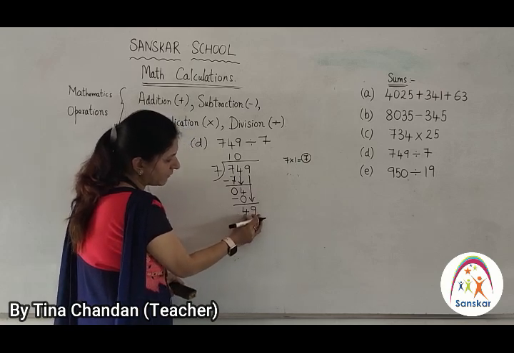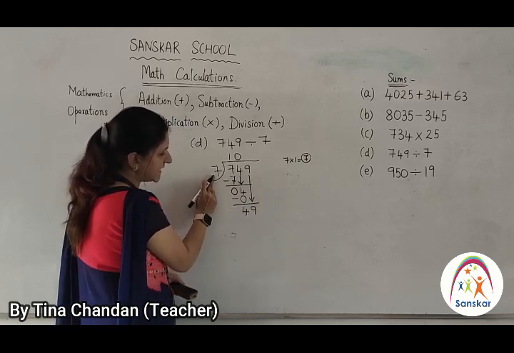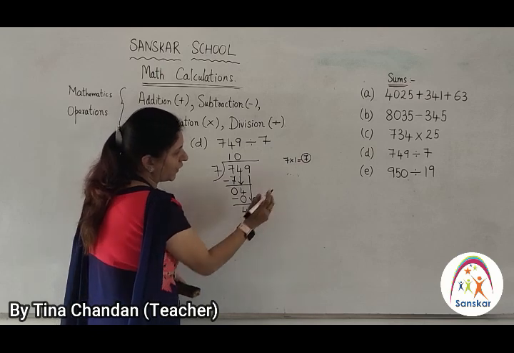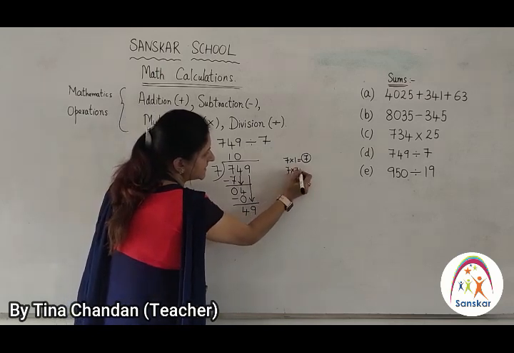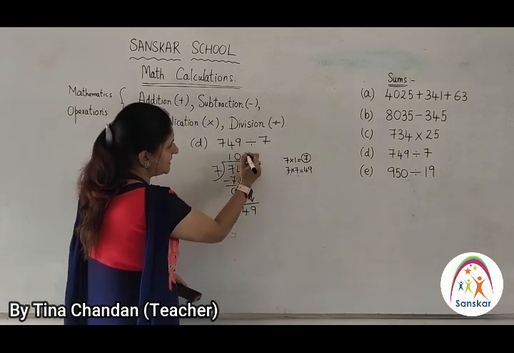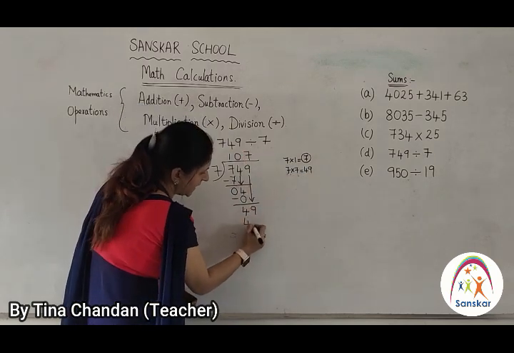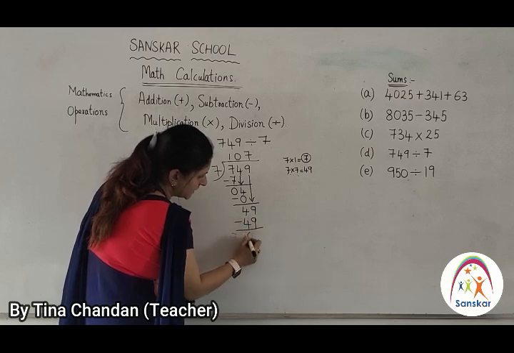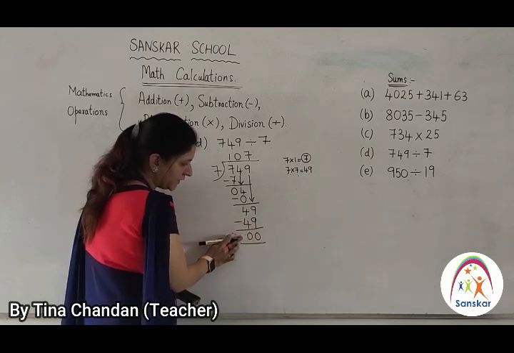So now you are getting the number 49, and in 7's table you are going to get 49, that is 7 7s are 49. So this way you have to carry out the division.